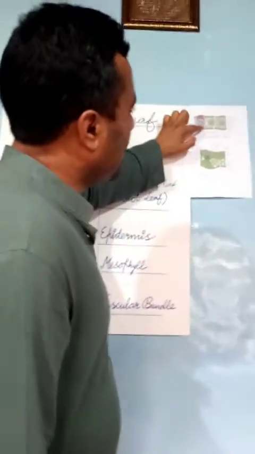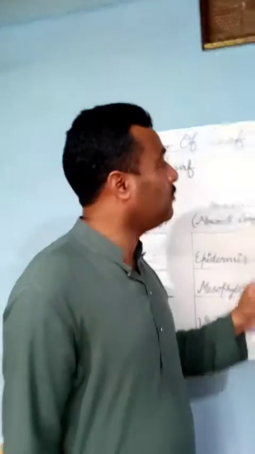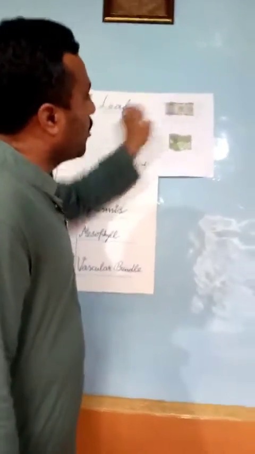You will see that thick layers of cells are present on both sides of the large vascular bundles, and these are mainly made up of sclerenchymatous cells. They are mainly present around the large vascular bundles, but such sclerenchymatous sheaths are absent in case of the smaller sized vascular bundles.